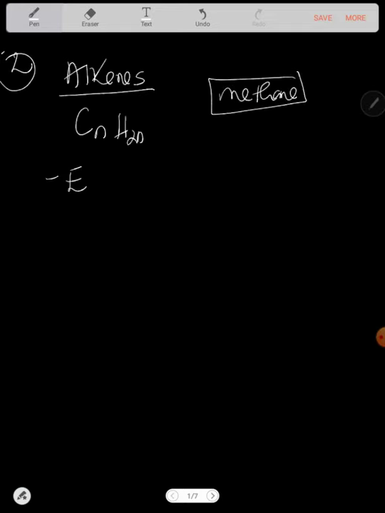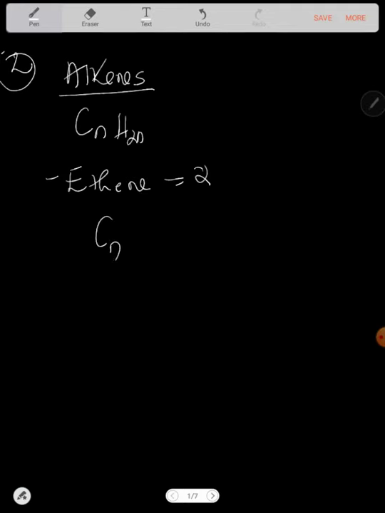We only have ethene, which has 2 carbon atoms, so its formula will be C2H4. The same way we had ethane on that side, under alkenes you just remove this A and replace it with E. So we are going to have ethene.